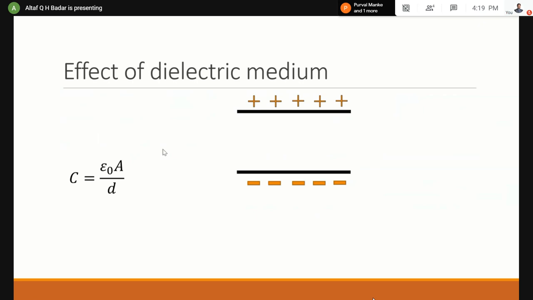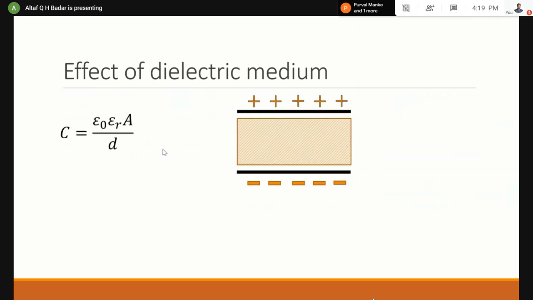Now, if I put in the dielectric medium, then suddenly the formula will change, because the dielectric medium will itself bring in some changes, and the capacitance will now be given as C equals epsilon naught epsilon r A by d. Epsilon r is added.